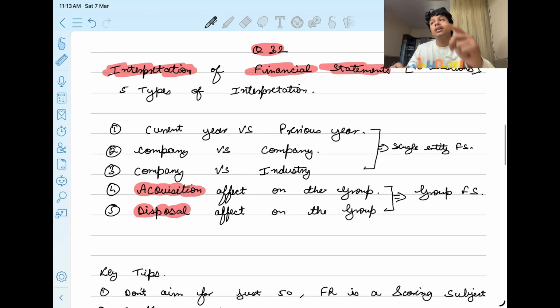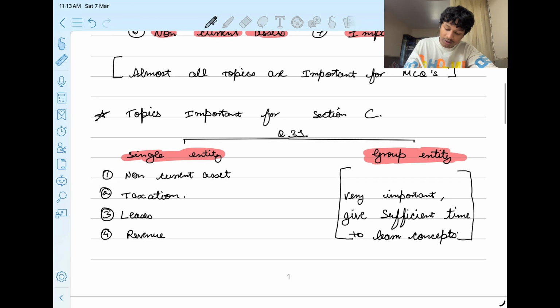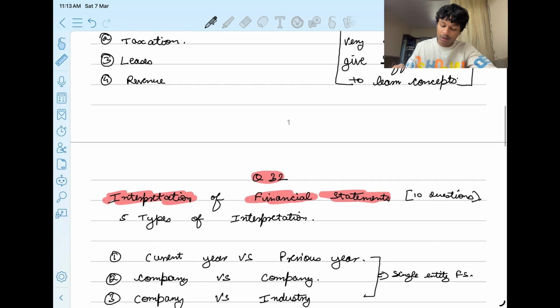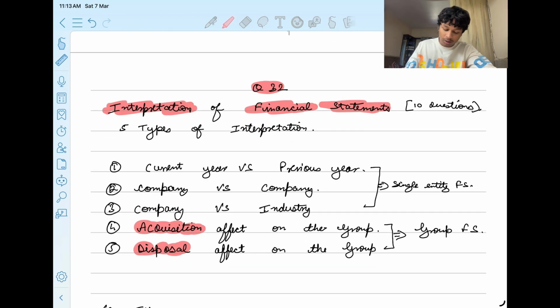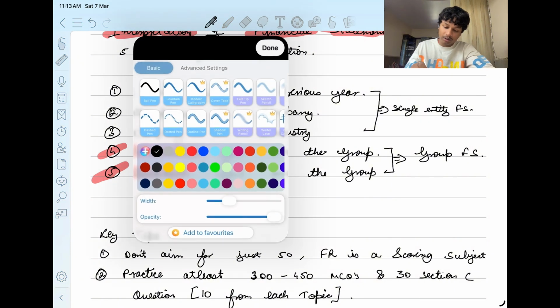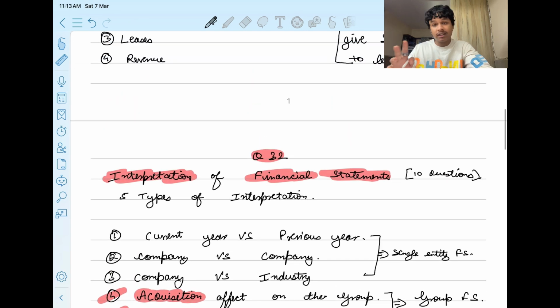And what happens is, if a question related to a single entity comes in question number 31, then in question number 32 the question will be from these two parts. Most probably the question will be from the acquisition or disposal part for interpretation, and vice versa.